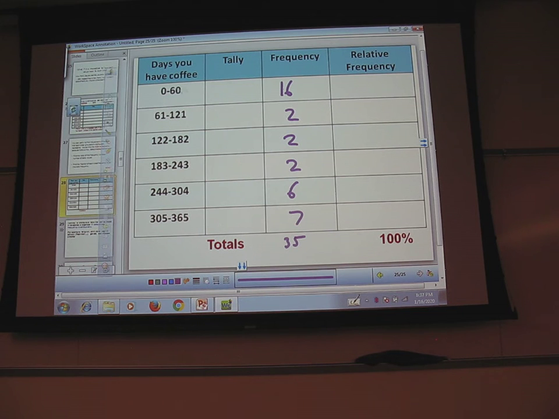The first group has 16 out of 35. However, they don't express these as fractions. They always express them as decimals or percents.